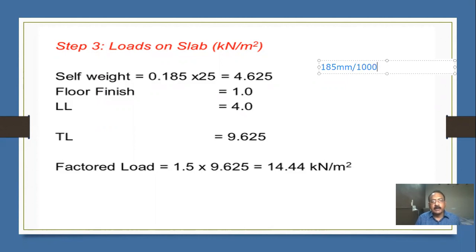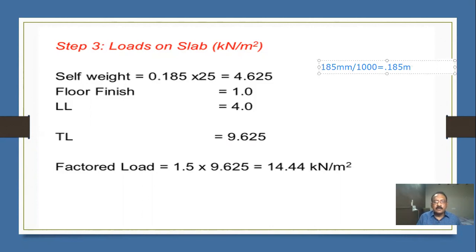That is very important. Here, what is the self weight of the RCC? For PCC 24, you know. For RCC, 25 kilonewton per meter cube. So the self weight of the concrete per square meter we have to calculate. Here 185 divided by 1000 gives 0.185 meters, right?